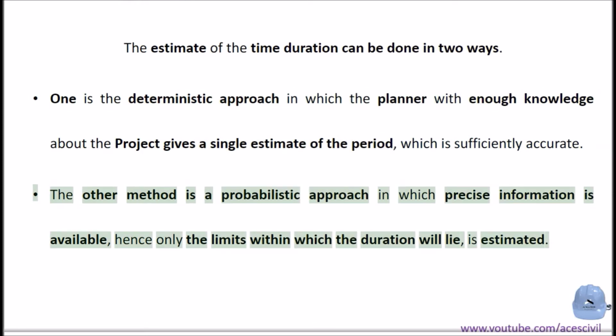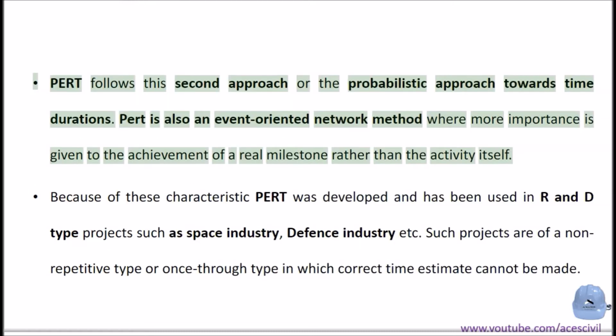The other method is a probabilistic approach, in which precise information is not available. Hence only the limits within which the duration will lie are estimated. PERT follows this second approach, the probabilistic approach towards time durations.